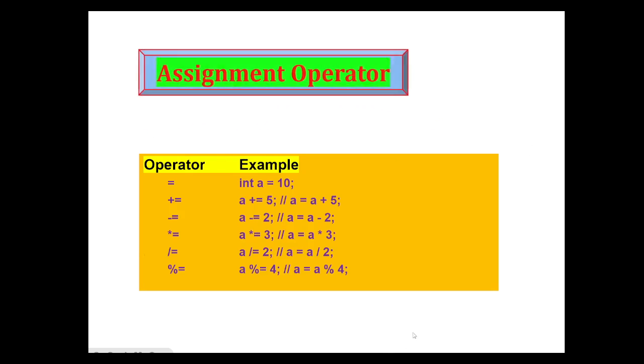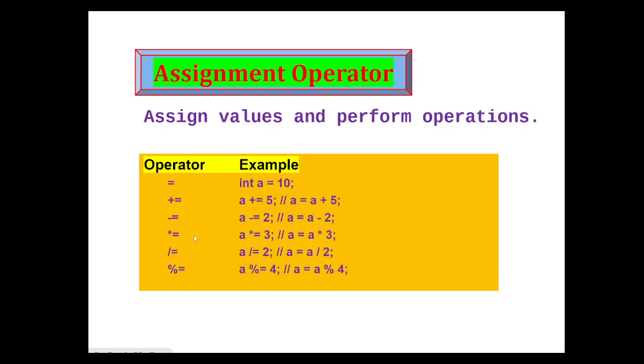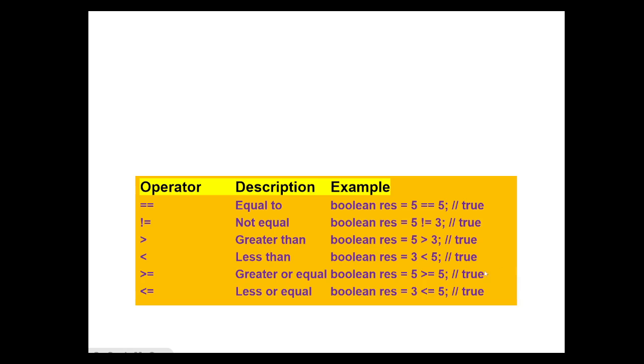Next one is the assignment operator. Here it will assign values and perform operations. These are the operators which get used very often in any program and in any project, because this is the assignment operator which will assign a value to the left hand side variable.